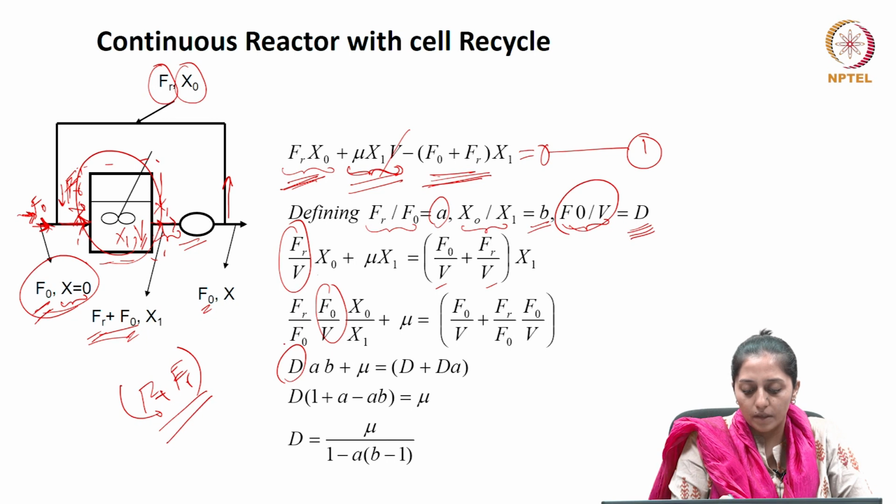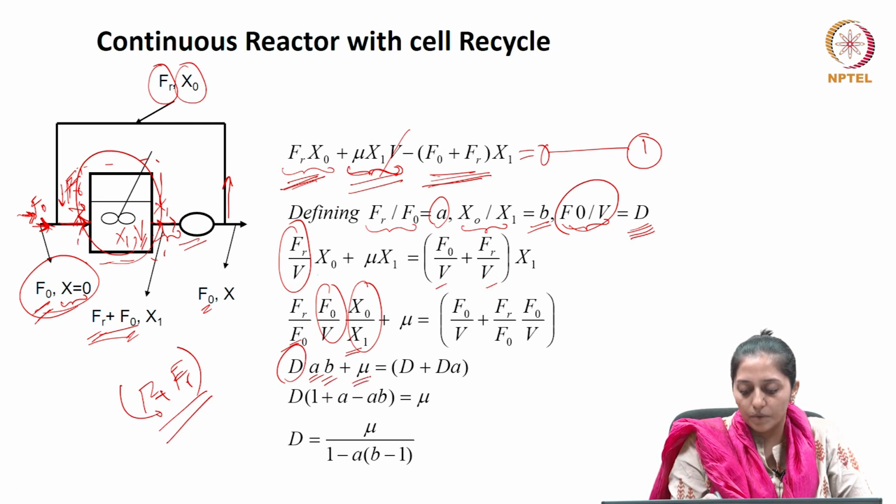Fr by F0 given here has been replaced as A, and x0 by x1 given here. The entire equation has also been further divided by x1. So, this fraction is then represented as B, and x1 gets cancelled.